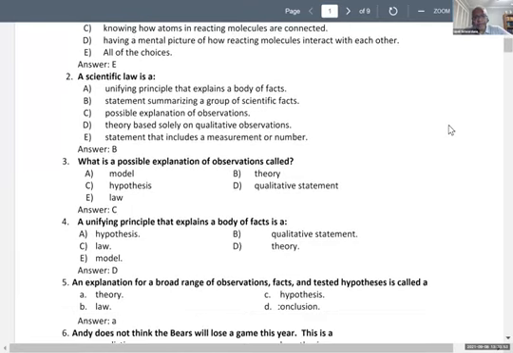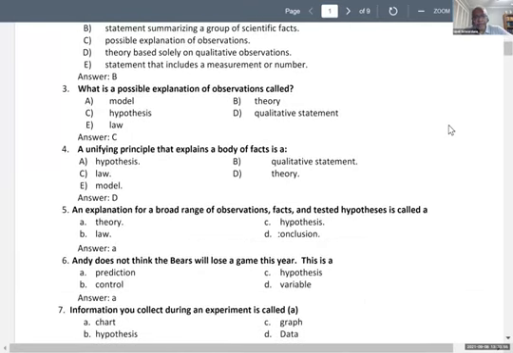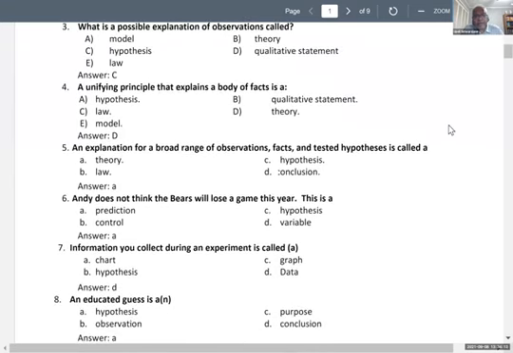So now I go to the odd problem number 3. What is a possible explanation of an observation? It is a hypothesis. Possible explanations of observations are called hypotheses. A unifying principle that explains a body of facts is a theory. A lot of data is explained by a theory.